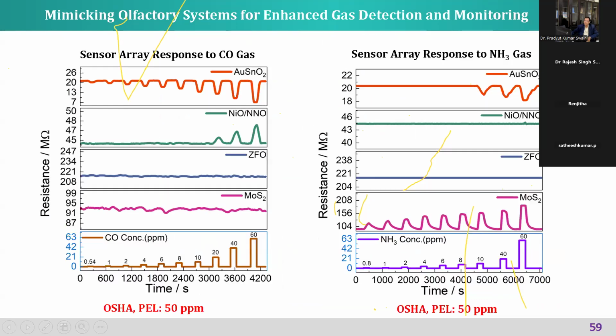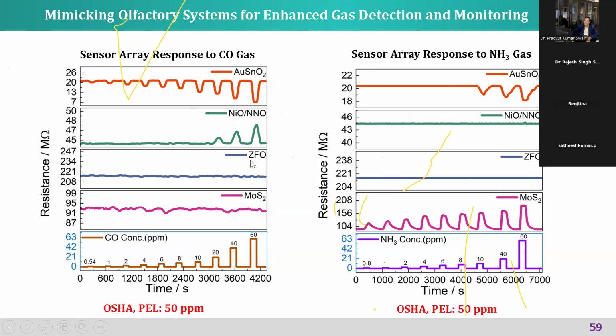Now, coming back to this data, this is one of the important ones. We have 4 sensors fixed onto a sensor platform, and we allow different gases. In the first set of studies, we pass individual gases onto the sensor array and study the sensor response, at different concentrations, for each of the 4 sensors.